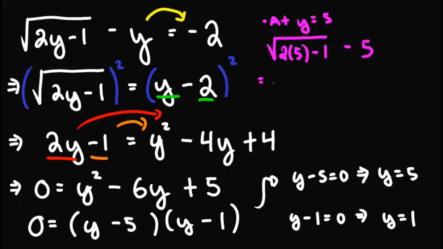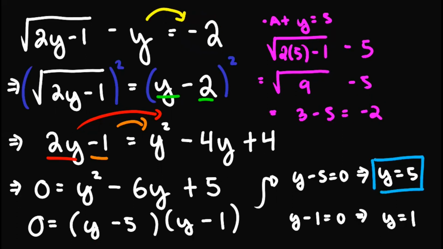This one is equal to the square root of 2 times 5 is 10 minus 1, minus 5. 10 minus 1 out here is 9. So we have the square root of 9 is simply 3 minus 5, which is equal to negative 2. So this matches this one. So we can conclude that y equals 5 is a solution to this problem.